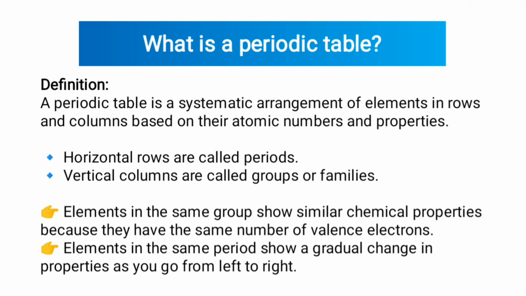The horizontal rows are called periods, and the vertical columns are called groups or families. Elements in the same group show similar chemical properties because they have the same number of valence electrons. And elements in the same period show a gradual change in properties as you go from left to right.